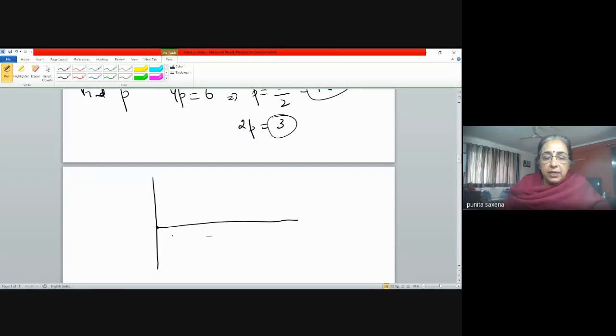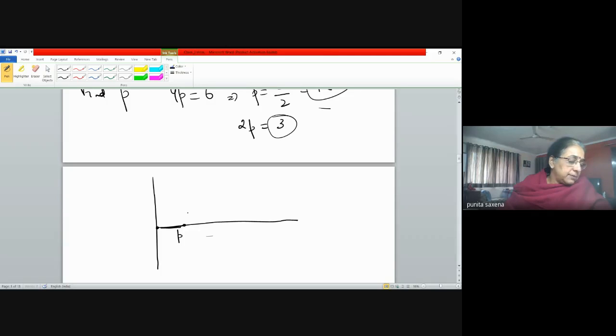Since this is the vertex, we look at a point which is distance p from the origin. ठीक है, अब p कितना है हमारा? 1.5. So supposing somewhere here is 1.5, this distance I take as p.